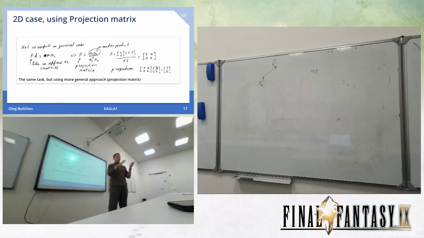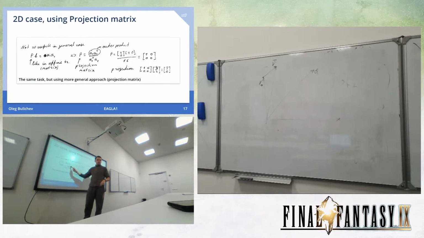Do you remember the rotation matrix we did? Let's find such a matrix which does this for us. Let's find P. After this it will be an outer product, be aware. I mean, an outer product will not be a scalar, it will be a matrix. And the projection matrix in this case will be 1, 0, 0, 0.